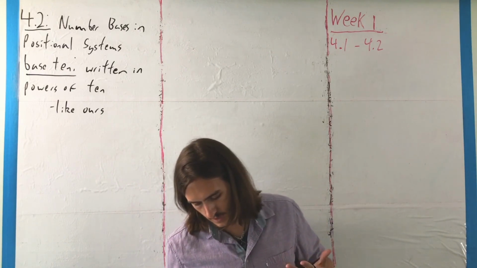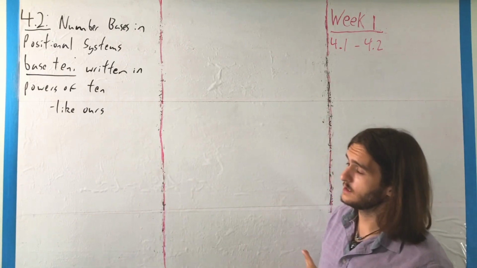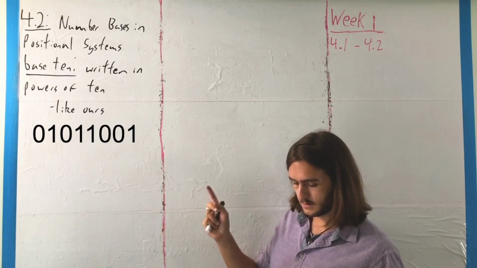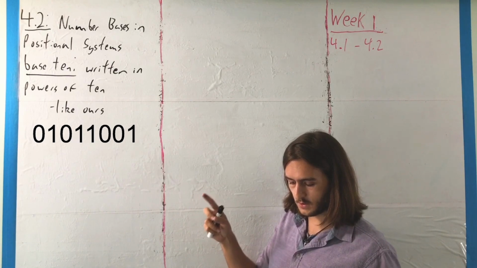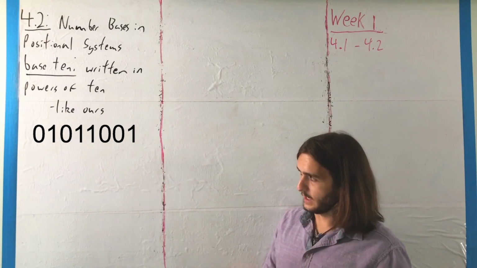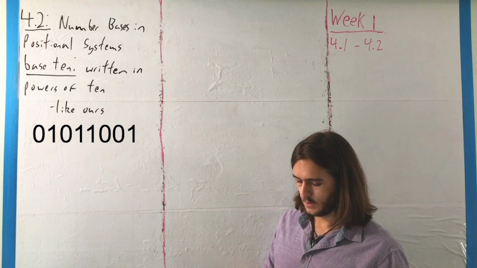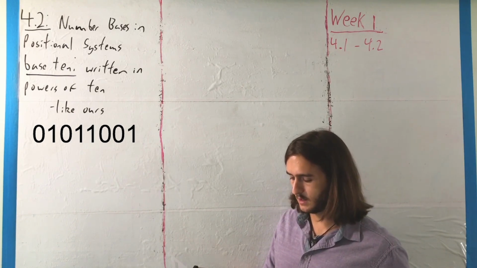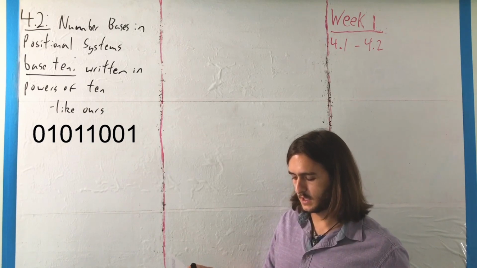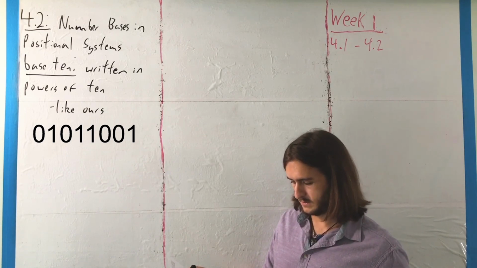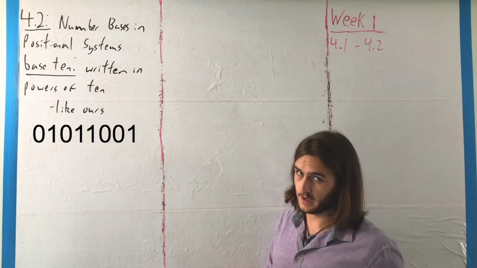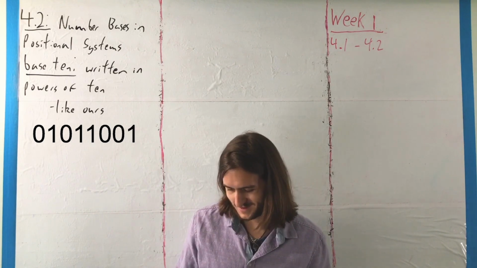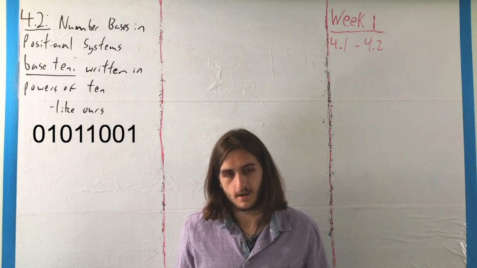So, if we're looking at a binary number, something like what we have here, 0, 1, 0, 1, 1, 0, 0, 1, the first thing you might want to do in your head is lop off that first 0 there and be very confident to yourself that that's, what would that end up being? 1,011,001?